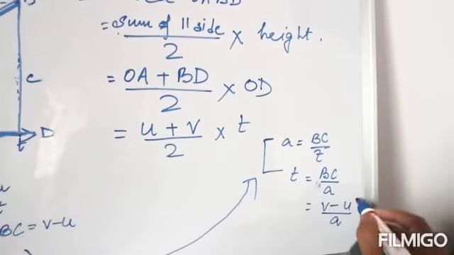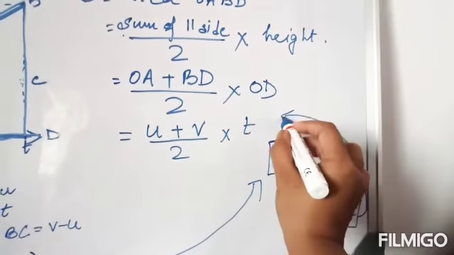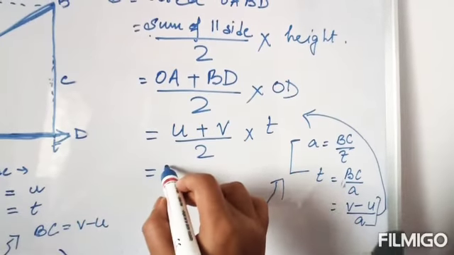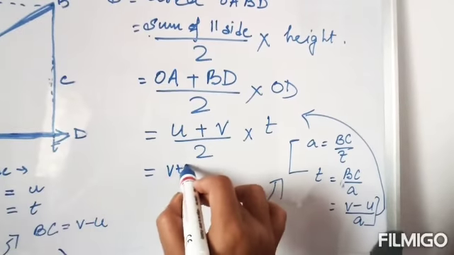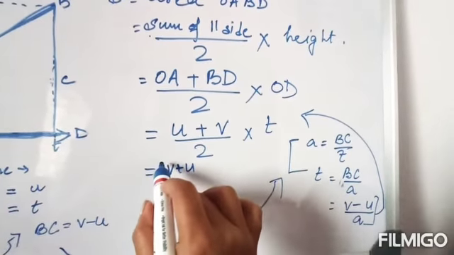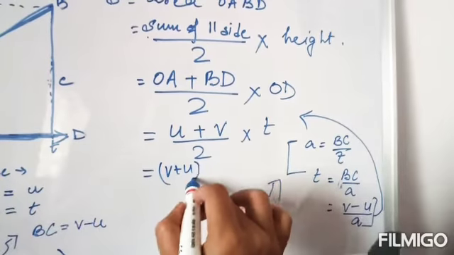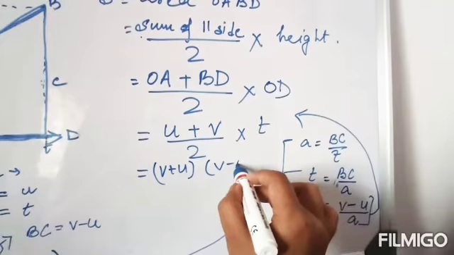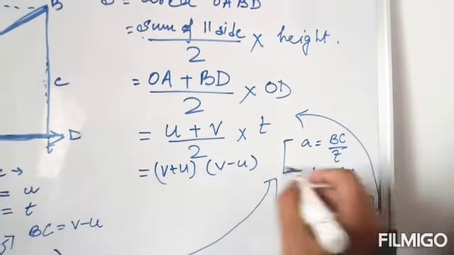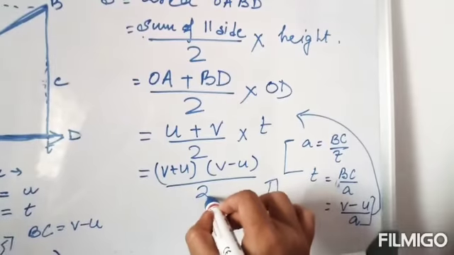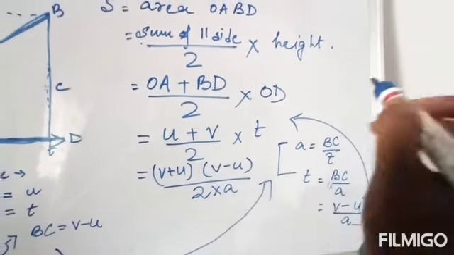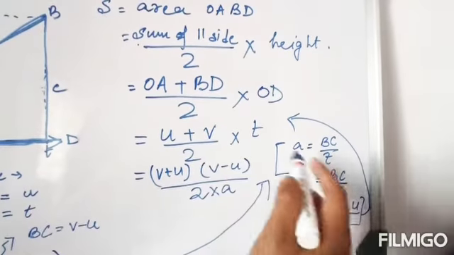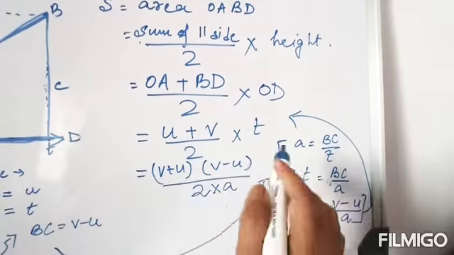Now this I will be substituting over here. Instead of T, I'll be writing that. So it will be V plus U, which was there already, and instead of T, V minus U. And 2 was already there, and just beside it you have to multiply A, because A is in the denominator part. When two denominators we are putting together, we will multiply.